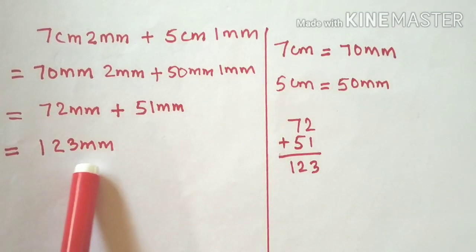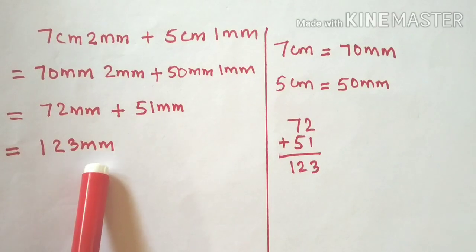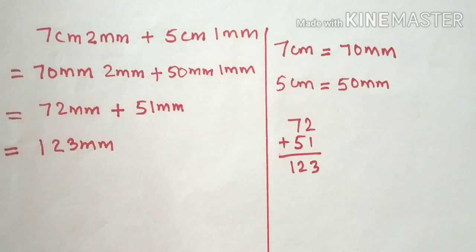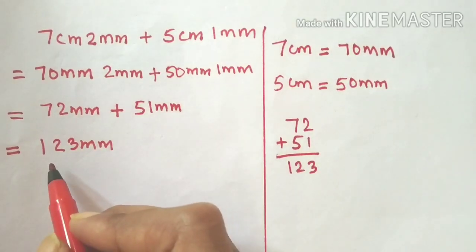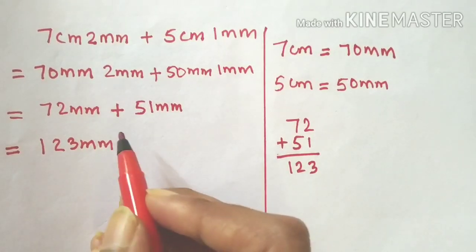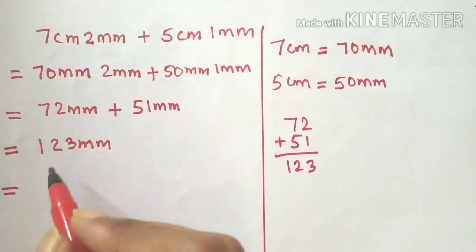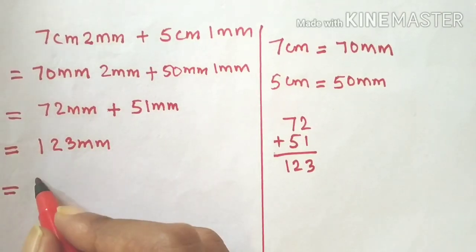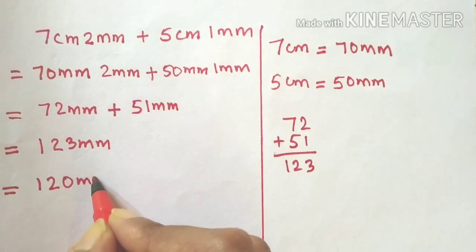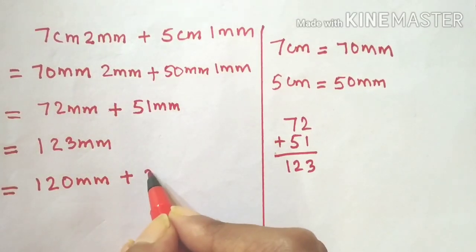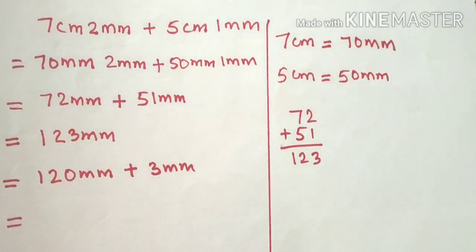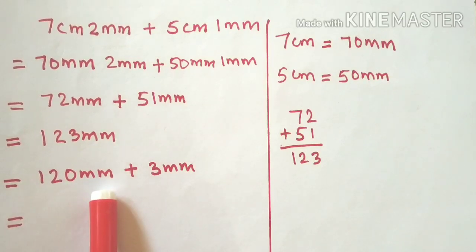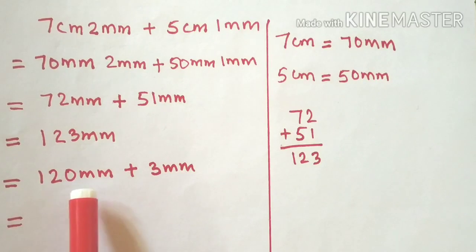Now since the value is more than 10, we have to convert it back to centimeters. Now, in order to convert 123 millimeters to centimeters, we can write 123 millimeters as 120 millimeters plus 3 millimeters. Now students, 120 millimeters is more than 10 millimeters, so we can convert it back to centimeters.